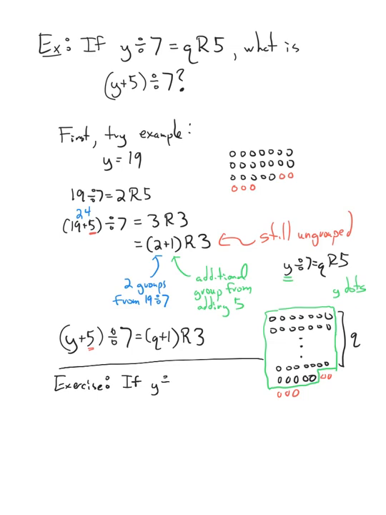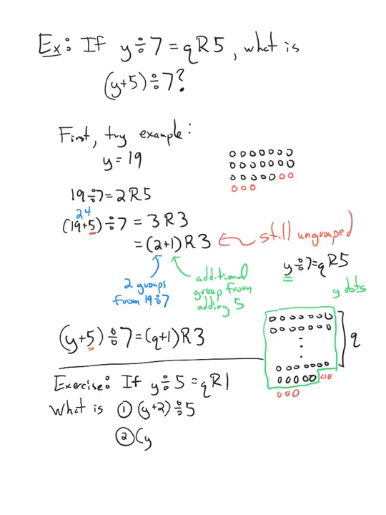if y divided by, let's say, 5 is q remainder 1. What is, let's do 2 of them. Let's do something small. y plus 2 divided by 5. And the second one, let's do something big.